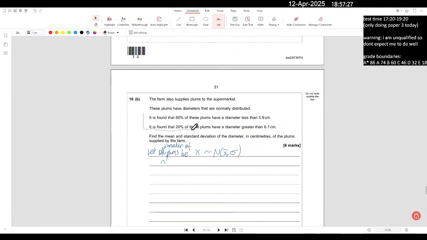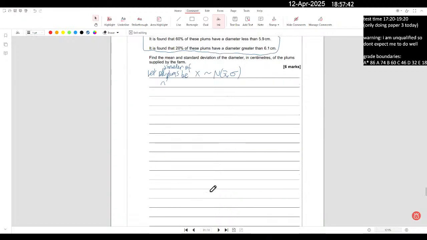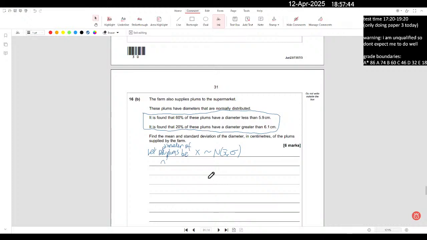I do know you'd use these to get two data points for mean and standard deviation, or variance, I forgot which one, and then you do simultaneous equations, but I don't remember how to do it. So let's just guess.